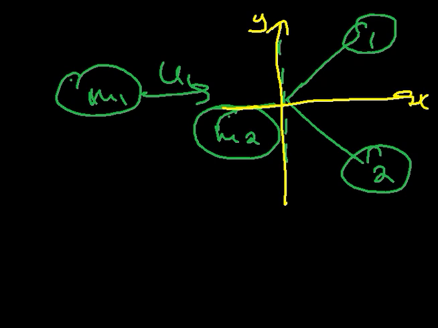Then let's say after collision, this is angle theta 1 for object 1 and this is angle theta 2 for object 2, with the angles being with respect to the y-axis in that case.